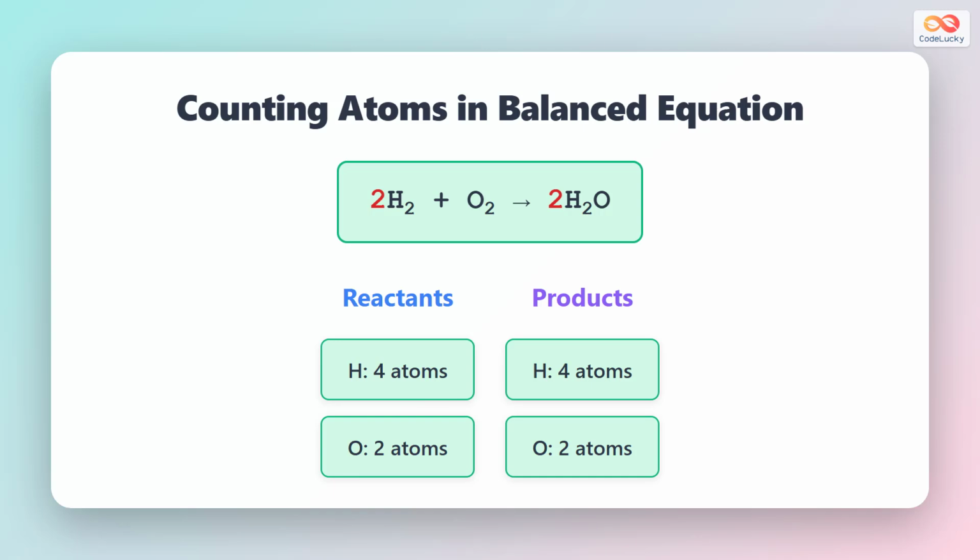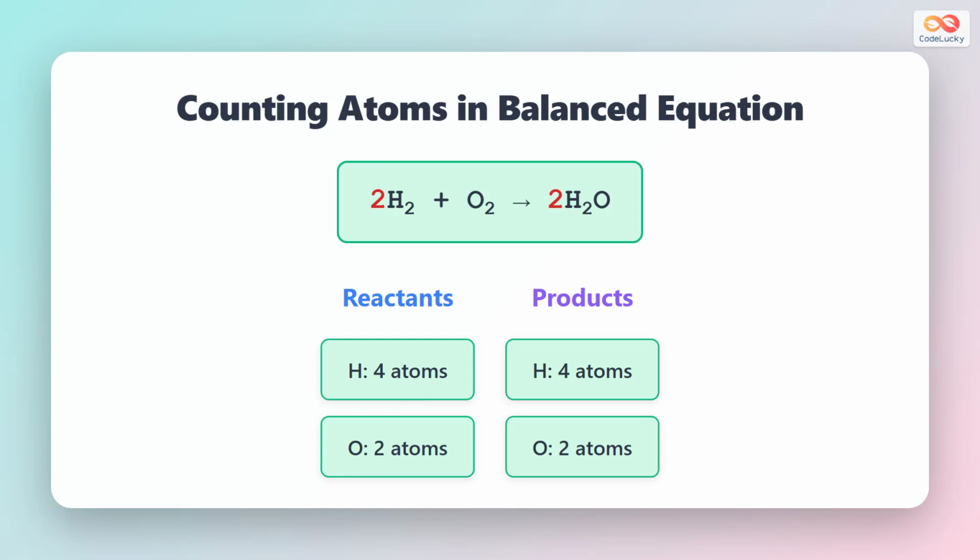Now let's verify our balanced equation by counting atoms again. In the equation 2H2 plus O2 yields 2H2O, let's start with the reactants. The coefficient 2 in front of H2 means we have 2 times 2, which equals 4 hydrogen atoms. We have 2 oxygen atoms from the O2 molecule. Now for the products.